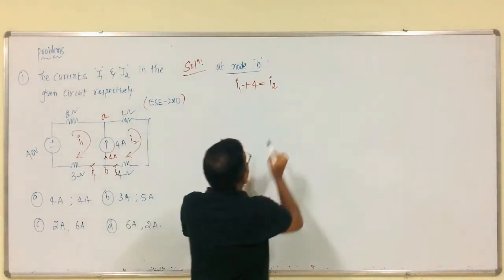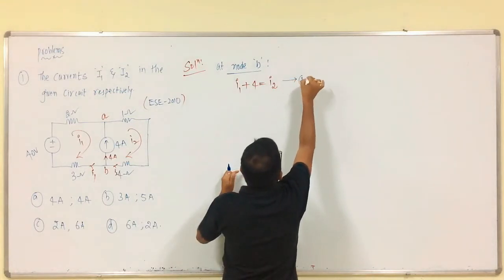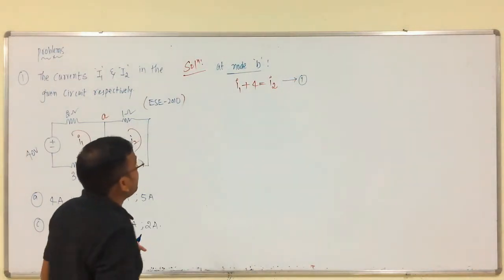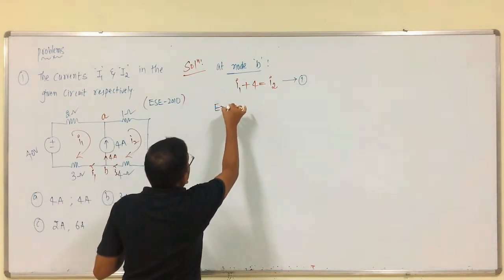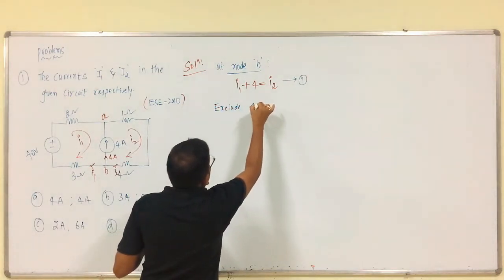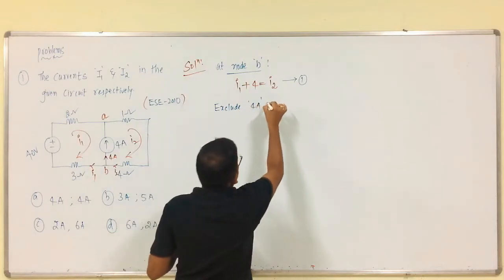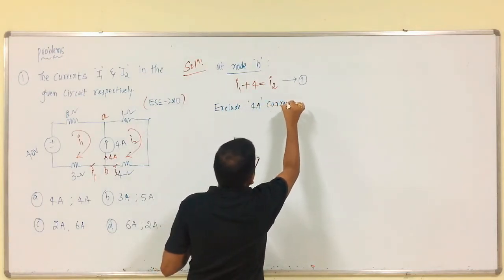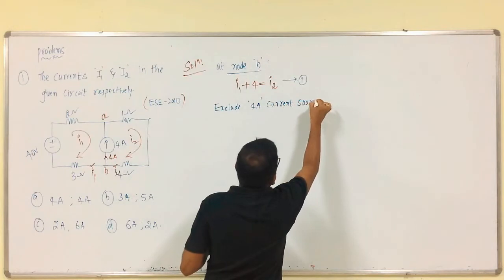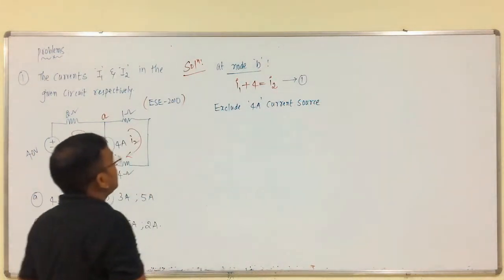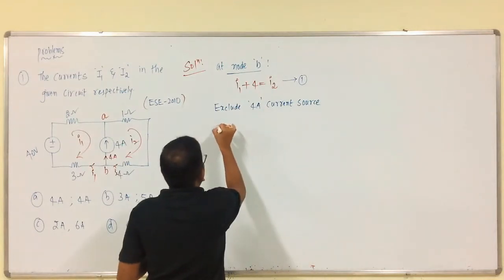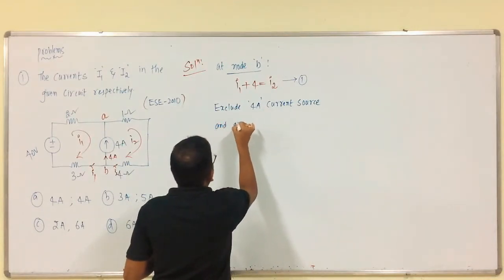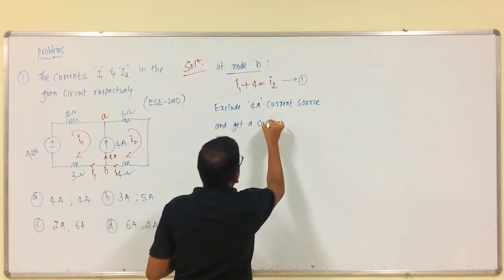This is equation 1, that is it. Next is what? Exclude the 4 amp current source and get a super mesh.